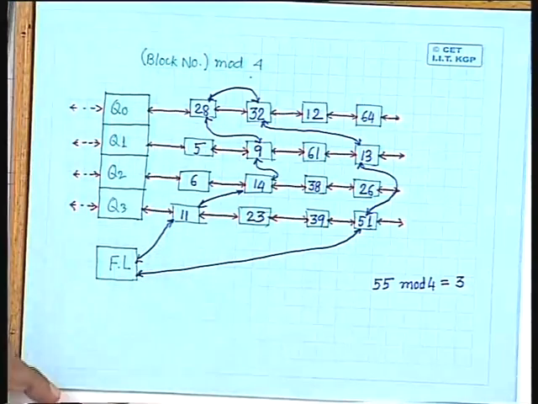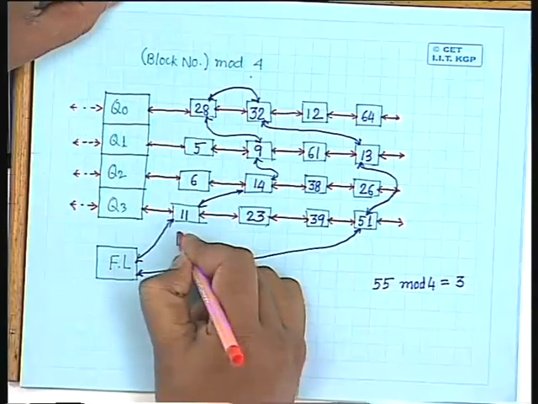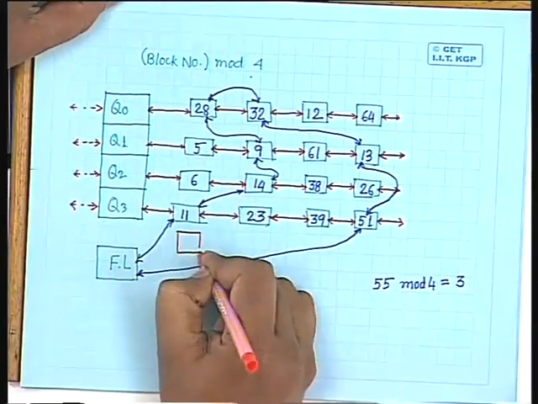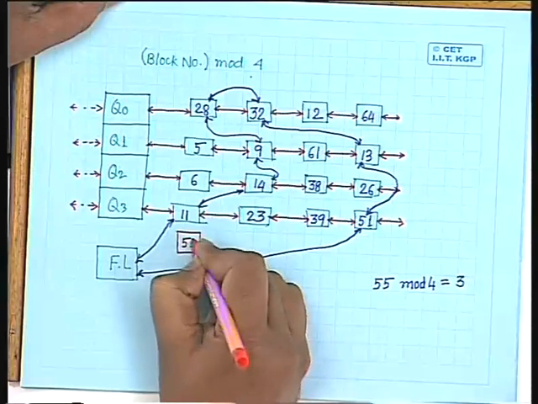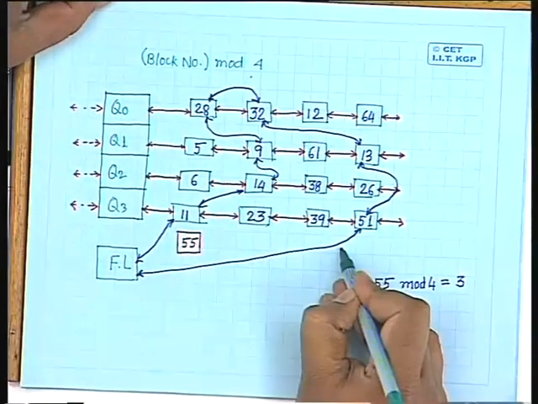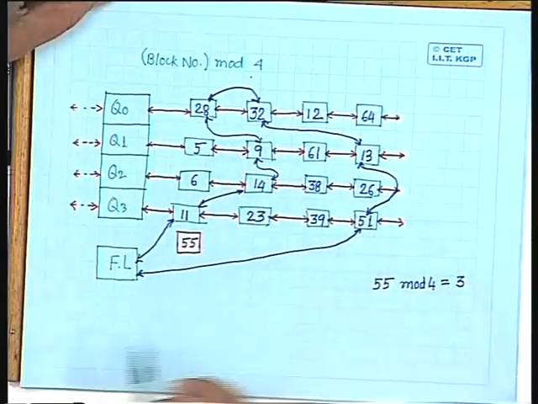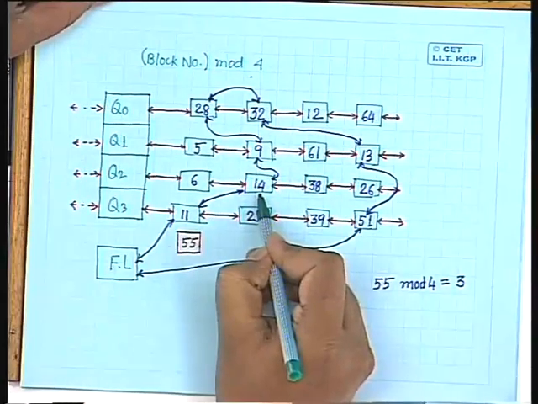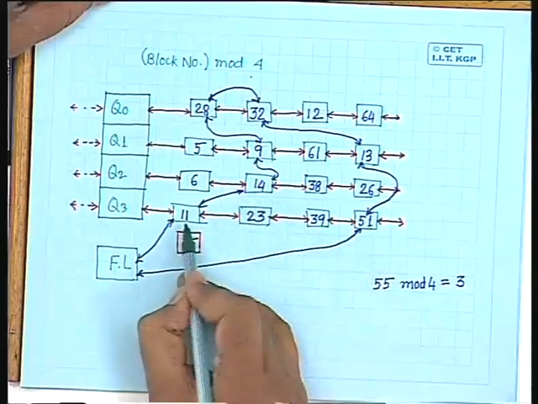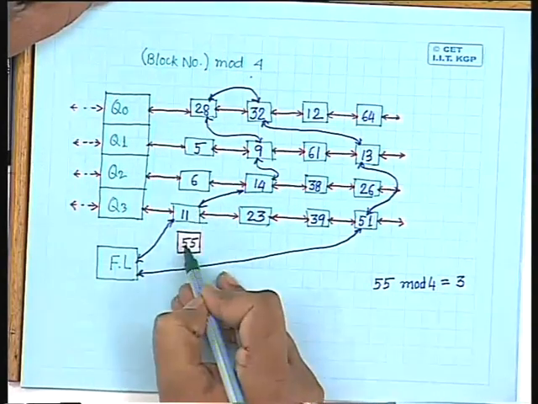So we simply overwrite this by block number 55. Now which one becomes the most recently used? That is 55, which has to come at the tail of the free list, and the least recently used among all the buffers on the free list is the buffer containing block number 14, because earlier the least recently used one was at the head of the free list, and now that has been taken out.